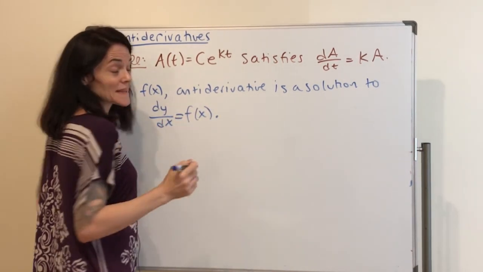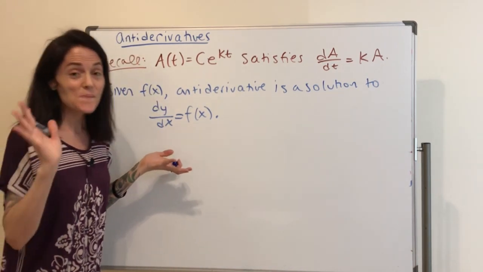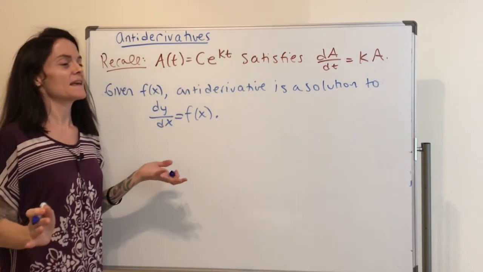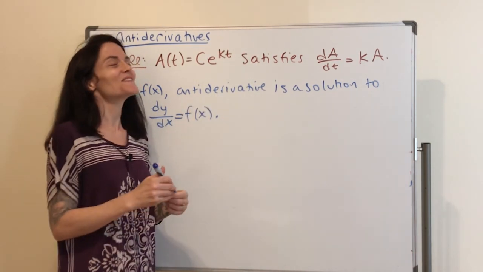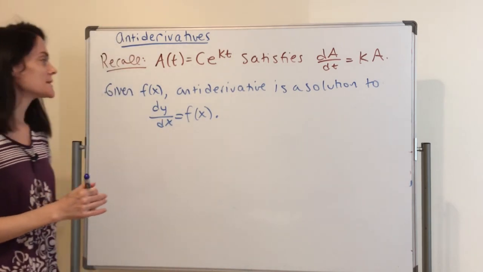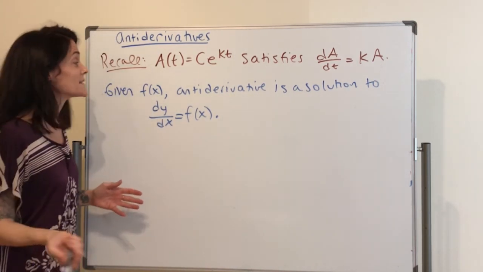And this is one of the simplest types of differential equations. Many of you will go on and take courses where you study much more involved differential equations. It's a beautiful subject, but this is what we study with Calculus 1, Calculus 2.